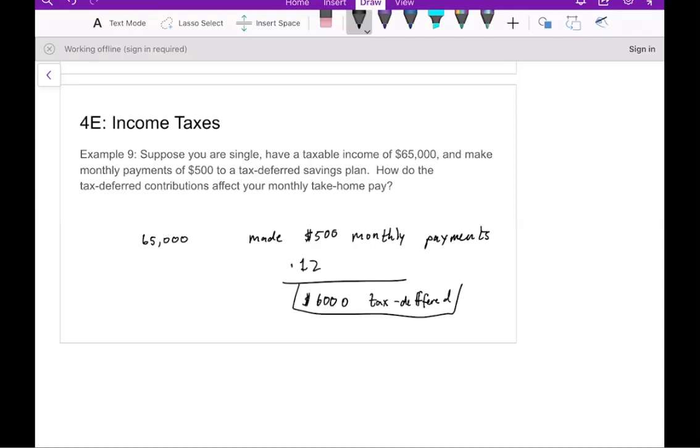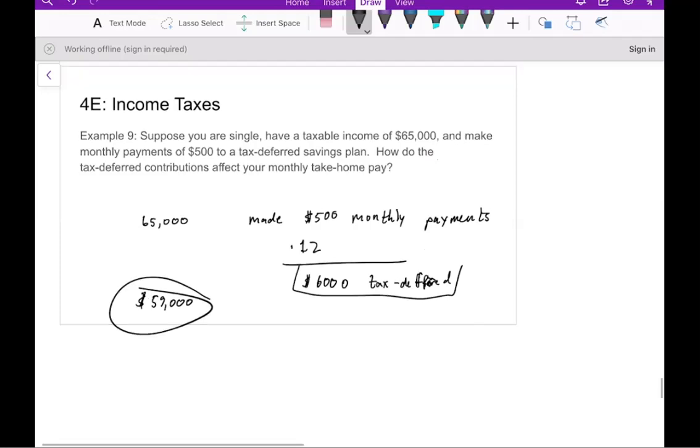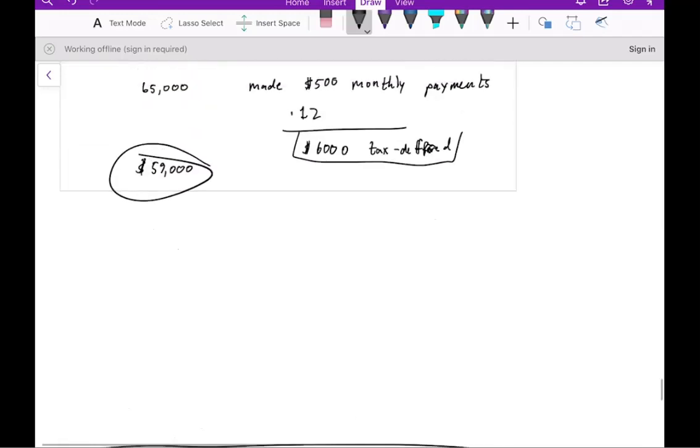Which would then mean that your taxable income is now $59,000. So that would be an example of how tax-deferred savings plans can help you in the tax situation as well.